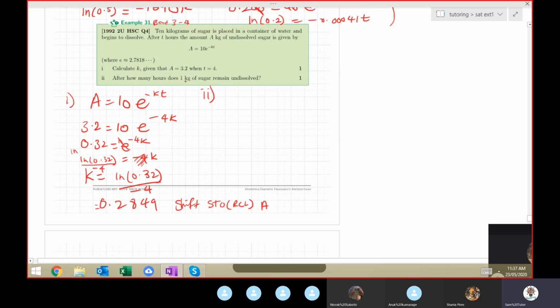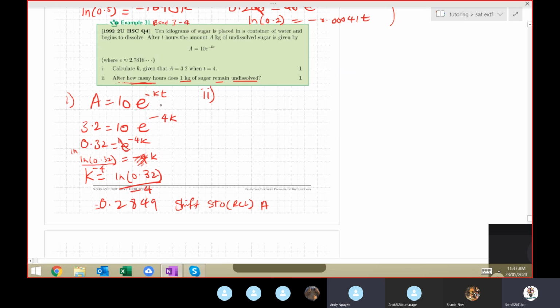After how many hours does 1 kilogram of sugar remain undissolved? All right, Andy, what letter are you solving for? A. No, solving for after how many hours?